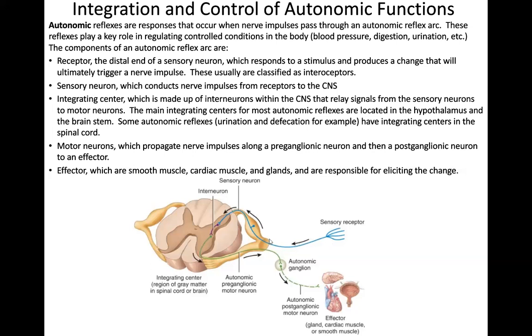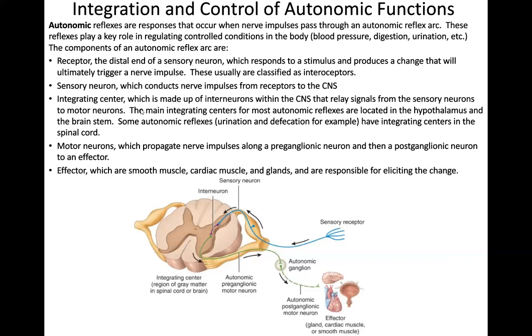They become active, which results in an action potential or nerve impulses traveling into the CNS via sensory neurons, where synapsing occurs in the gray matter, which acts as the integrating center. Okay. The integrating center is the processing center made up of interneurons within the CNS that can relay those signals from the sensory neurons to motor neurons.